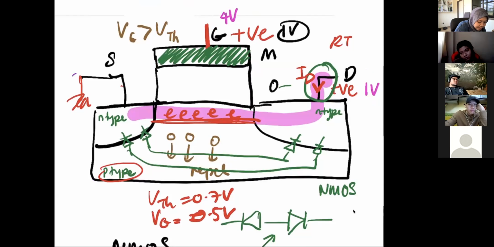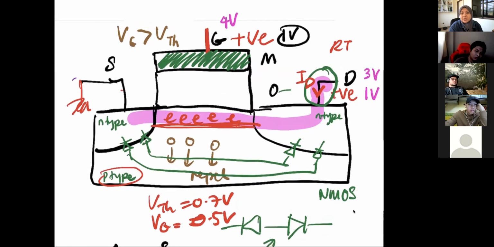This is case A, and then I apply a 3 volt. What's the difference between what happens inside the MOSFET when I apply 1 volt and 3 volt? Can anybody tell me? What's the difference? Is there any difference?